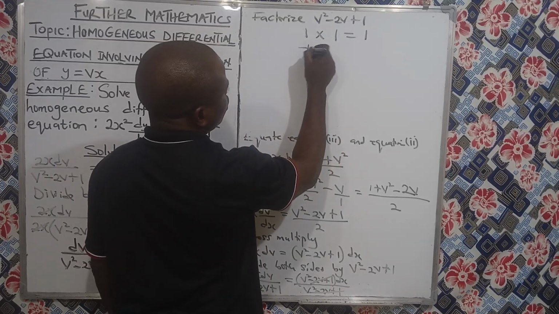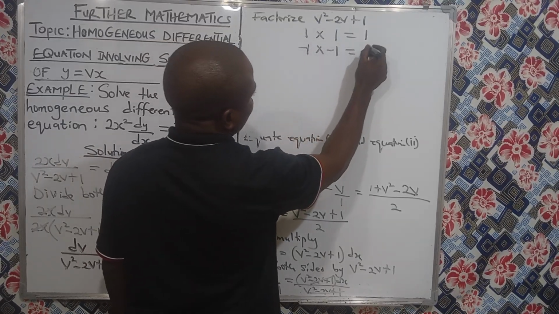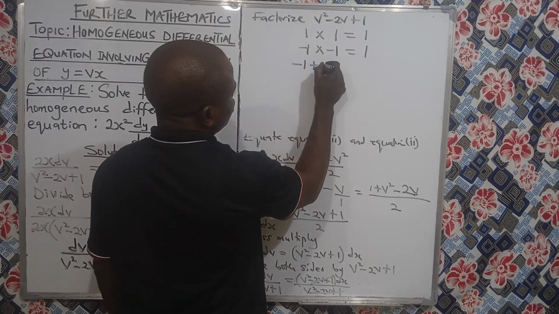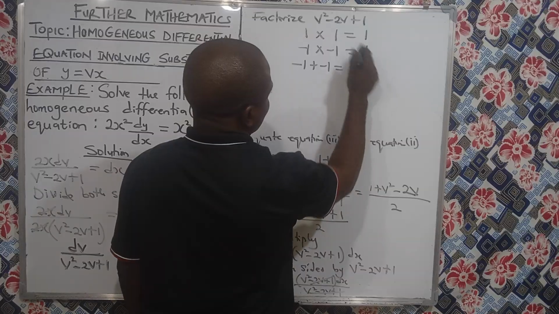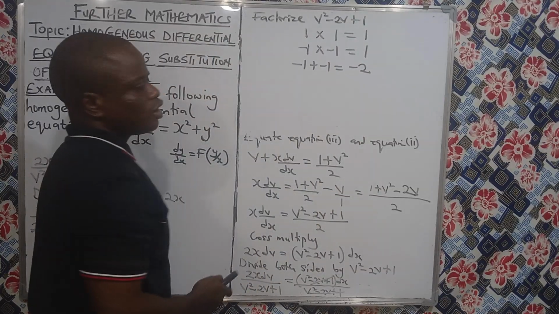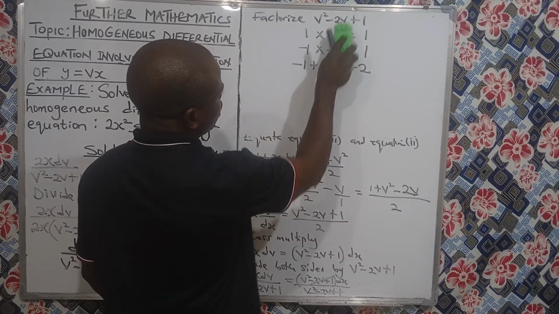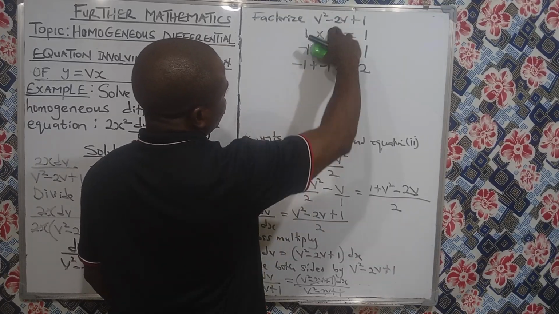Let's try minus 1 times minus 1 gives us 1. Negative and negative give us positive. Let's add also: minus 1 plus minus 1 gives you minus 2, which is what we have as the coefficient of v. So we are going to use minus 1 and minus 1 to replace minus 2v.